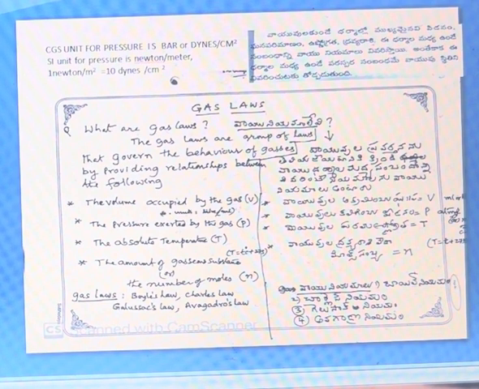On these 4 variables, you can generate 4 laws. Let us see. If you take 2 variables fixed and see the relation between the other 2 variables, that gives one law.